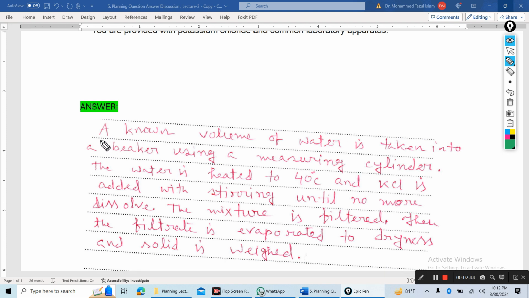At first, a known volume of water, known volume means 100 centimeter cube or 50 centimeter cube, is taken into a beaker using a measuring cylinder.